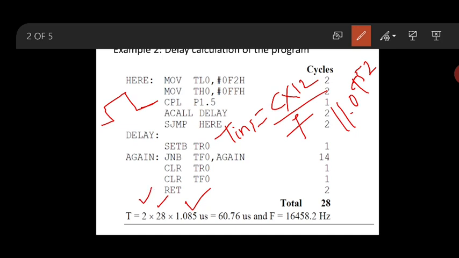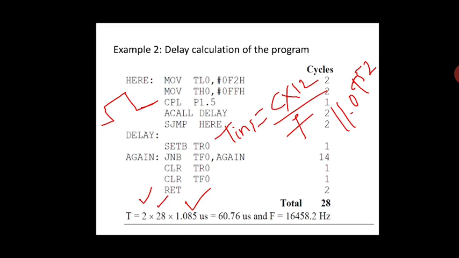Since I get a result of 60.76 microsecond, that means the total duration of the program, not the time delay of this program, will be 16452.2 hertz. That is, a 16 kilohertz frequency will be consumed for executing this particular program. It is for the program, not the time delay. I hope the program is clear.